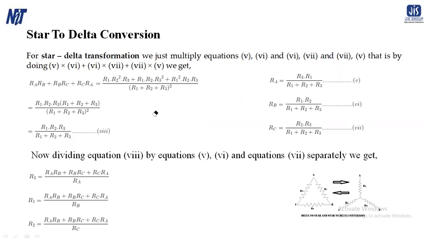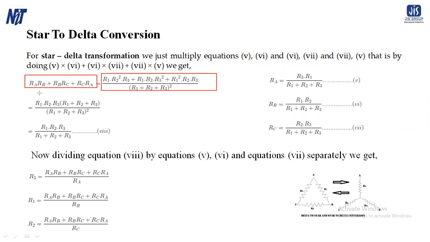That is, multiplying 5 and 6, adding it to the multiplication of 6 and 7, and then adding the multiplication of 7 and 5, we get RA RB plus RB RC plus RC RA. After multiplying, we get R1 R2 squared R3 plus R1 R2 R3 squared plus R1 squared R2 R3 divided by R1 plus R2 plus R3 whole squared.